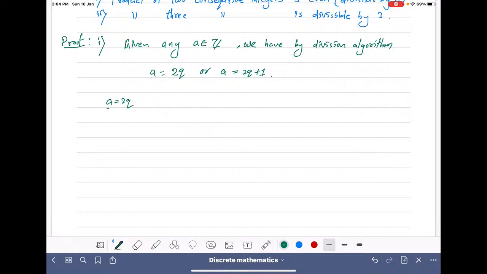When a equal to 2q, this is from division algorithm, it says either an integer is even or odd.